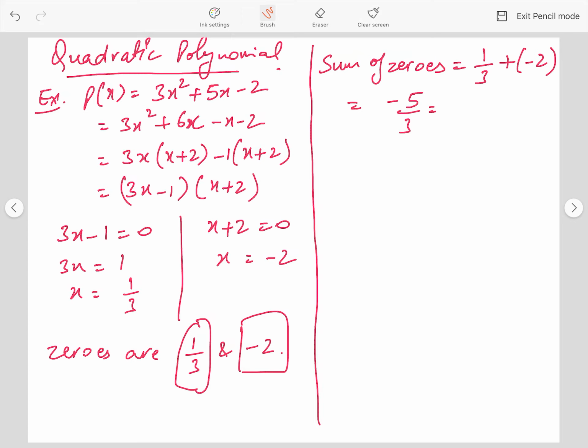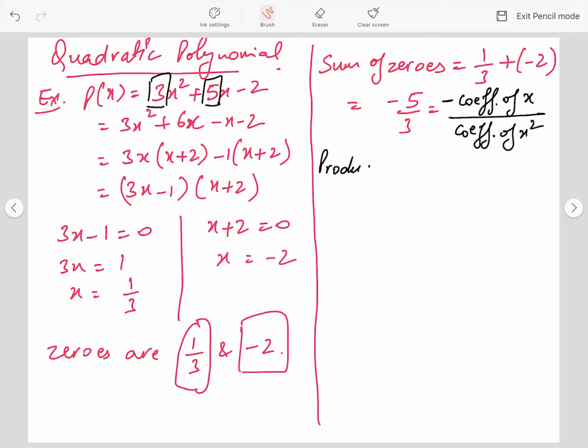If you see in the given polynomial, we have 5 as the coefficient of x and 3 as the coefficient of x square. So we can write it as minus coefficient of x by coefficient of x square. So the sum of zeros is minus of coefficient of x by coefficient of x square.